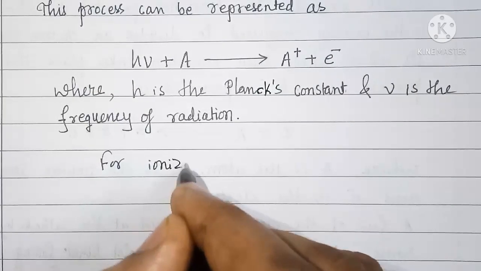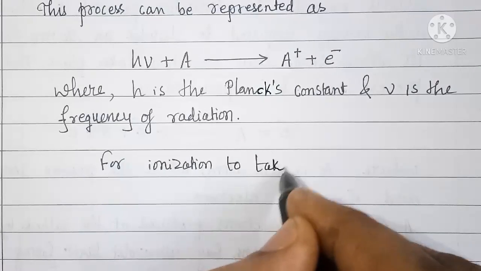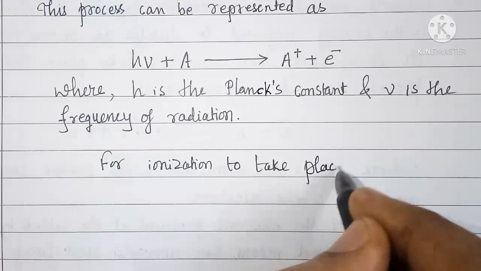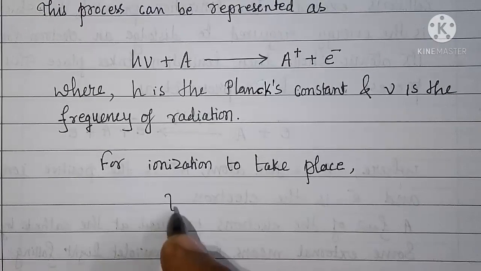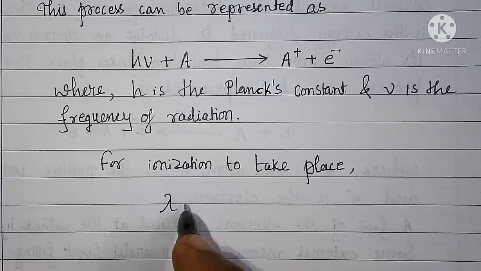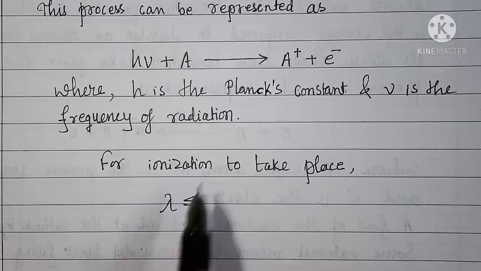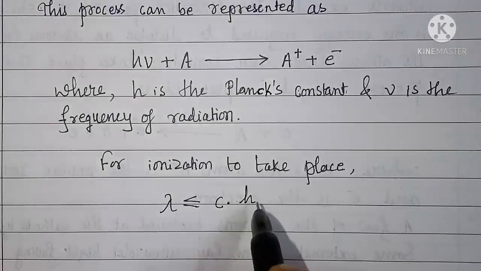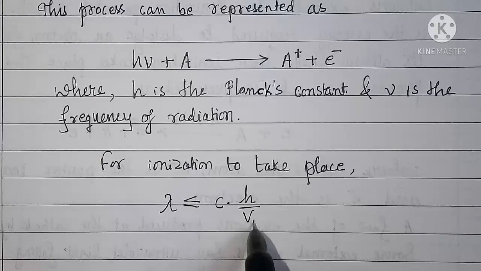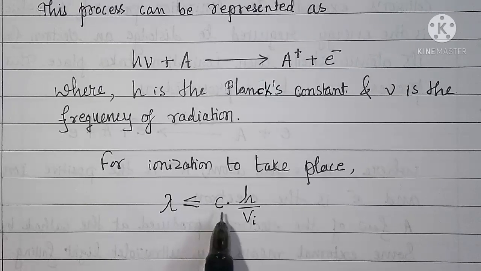For ionization to take place, wavelength lambda should be less than or equal to c into h by Vi, where c is the speed of light.